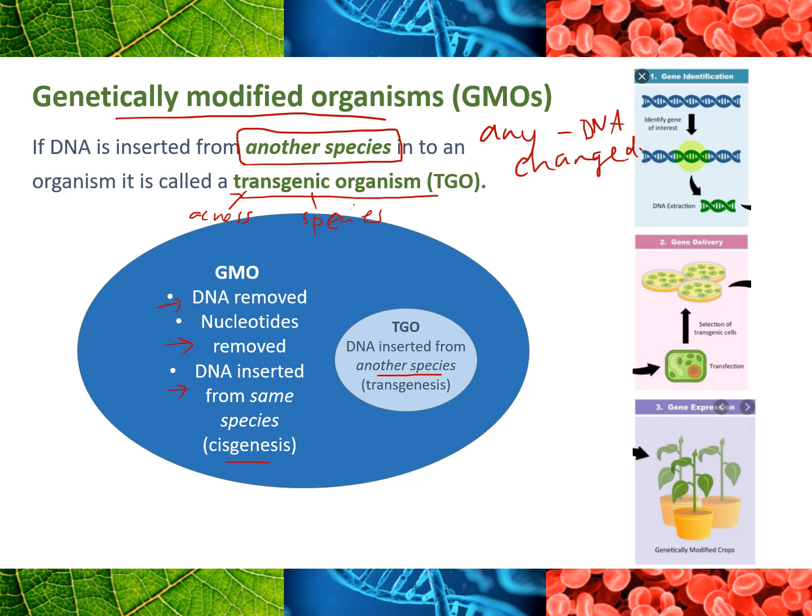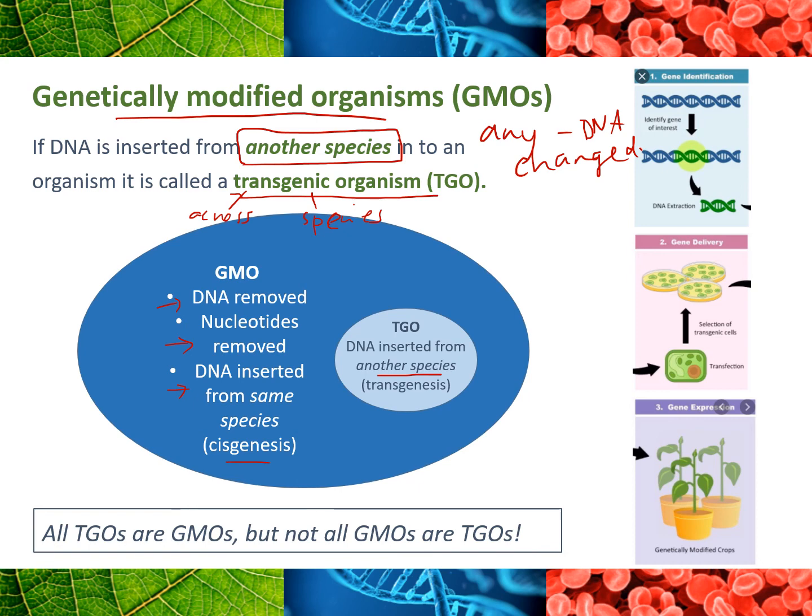I know this is a bit confusing. We'll look at a couple of examples, but a good way to think of it is all TGOs, a transgenic organism, all TGOs are GMOs because they've been modified, but they're also transgenic because they're modified with another species. Not all GMOs are transgenic, okay? Some GMOs are not modified using DNA from other species.